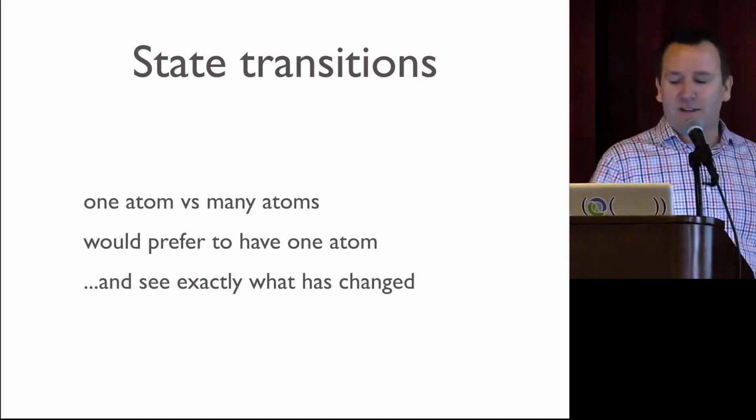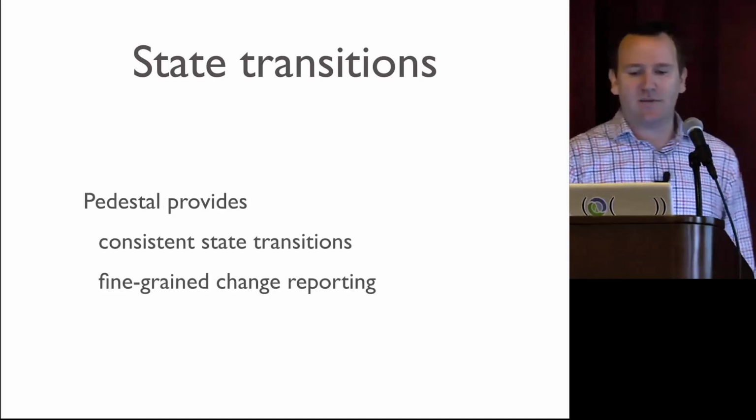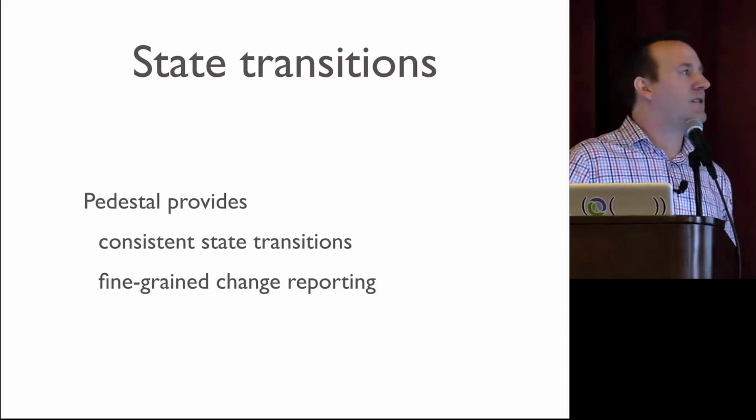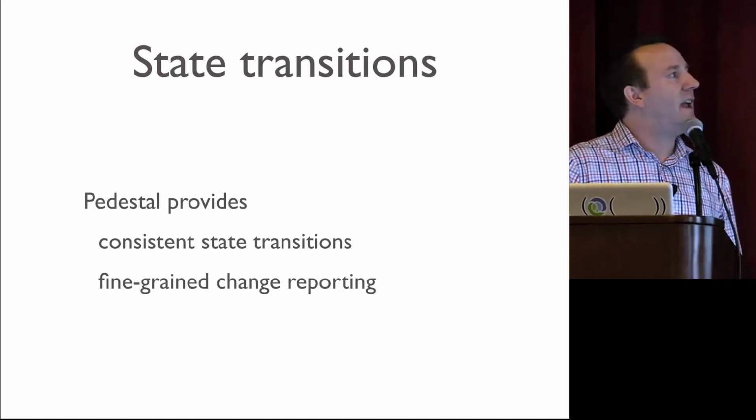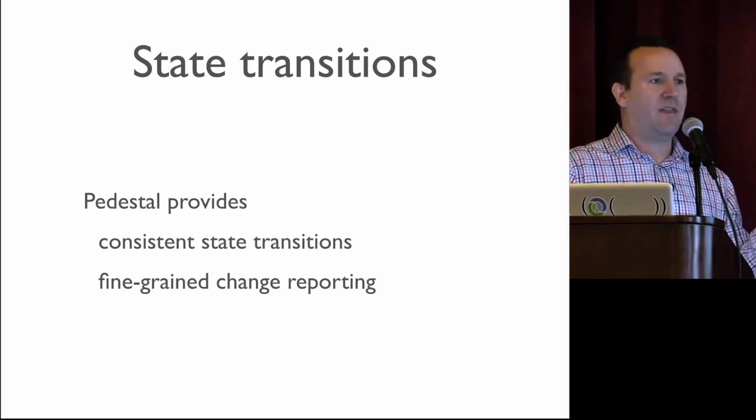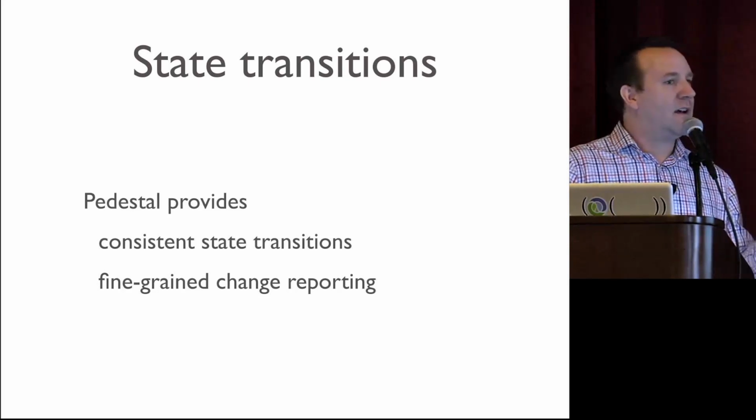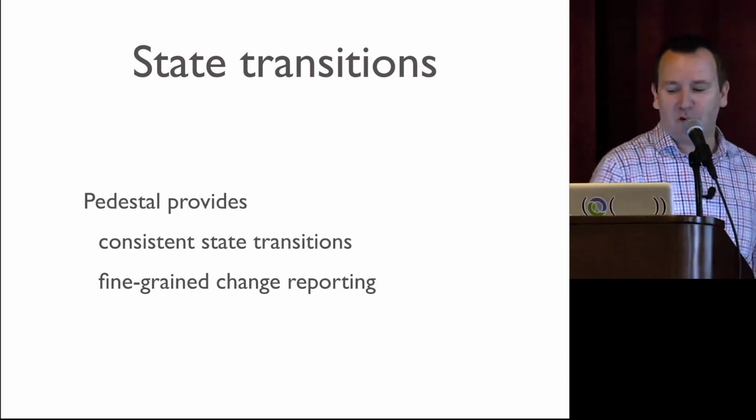So we would like to have the best of both worlds, and that's what Pedestal gives us. It gives us a way to consistently move between states, and we have fine-grained change reporting. So you can keep all your state in one thing, and you can watch for specific parts of that thing and be notified when that part changes.